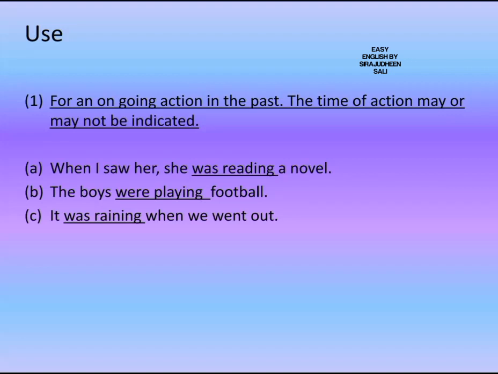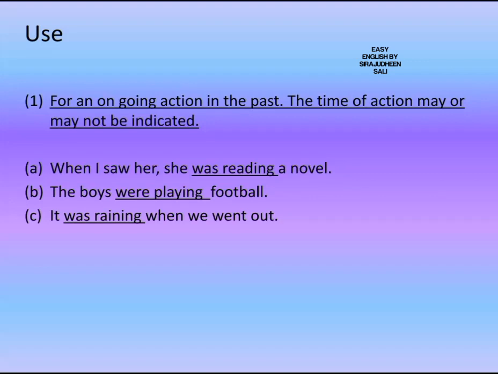The subordinate clause is in the simple past. When we went out, the V2 form is used, went. And in the main clause, it was raining, we have used the past continuous tense. Was raining. We have used the auxiliary verb was because we have used the pronoun it.